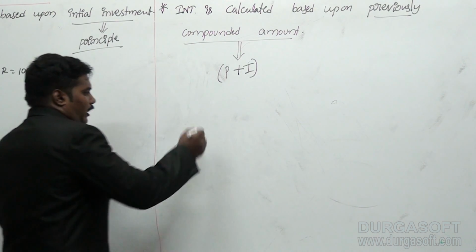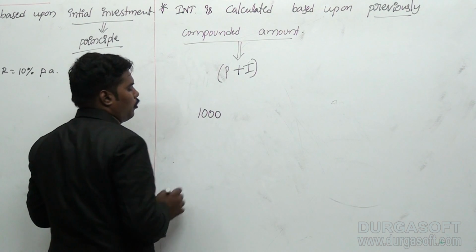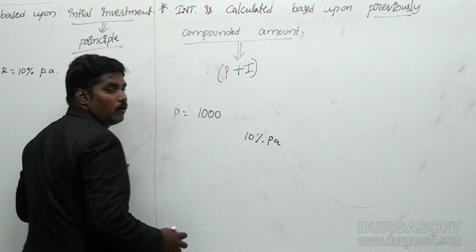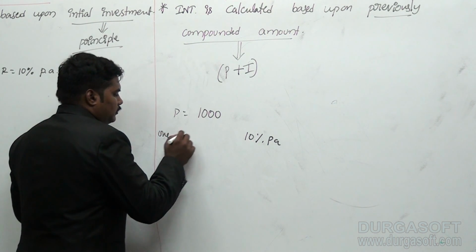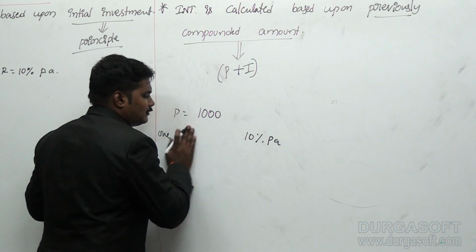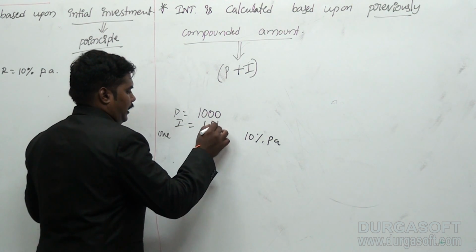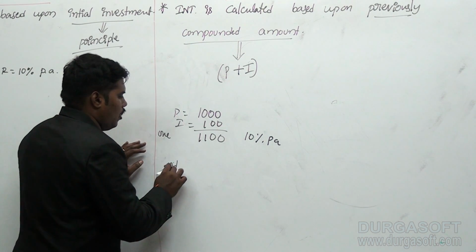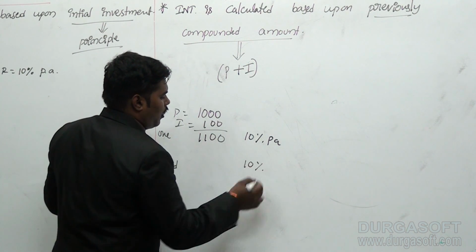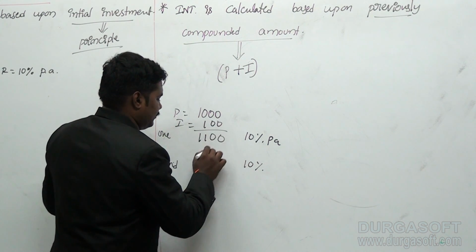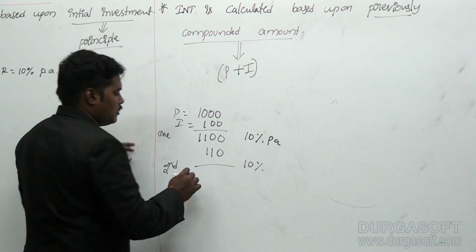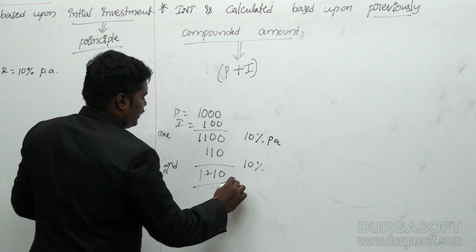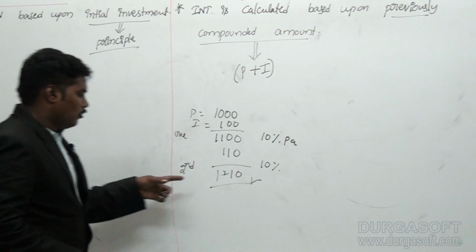So for example, if you have 1000 rupees initially, this is the principal. If the rate of interest is 10% per annum, after 1 year, what is the interest? 100. So total it is 1100. For the second year you have to calculate 10% interest on 1100. That means 110 is the interest. So here it is 1210, the amount after 2 years.